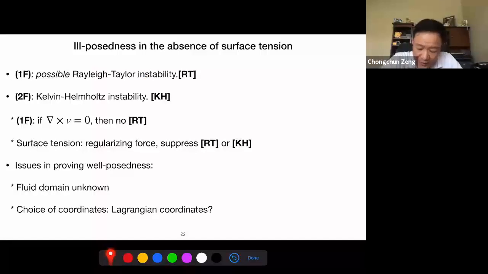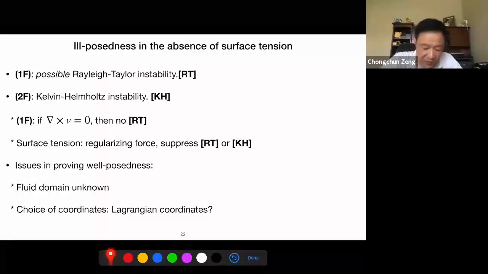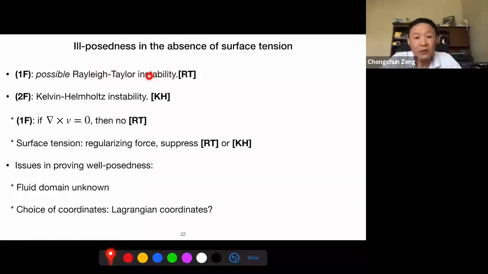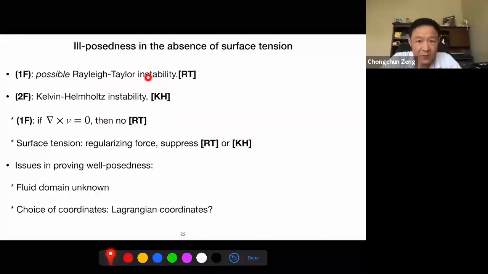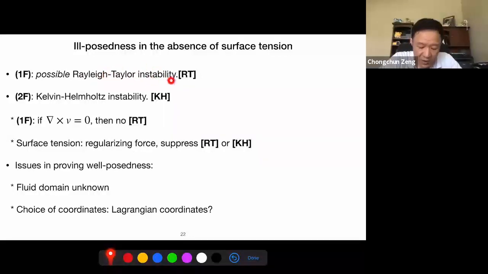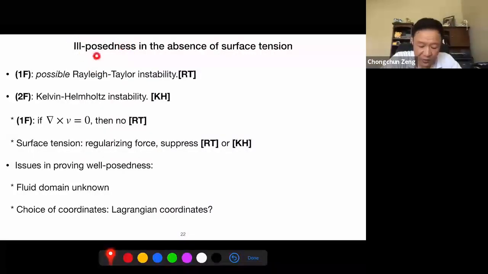Then when there is no surface tension, in the one fluid case, when the gradient of the pressure on the boundary has a wrong sign, then the Rayleigh-Taylor instability occurs for all high frequencies, for high wave numbers, with the exponential growth rate proportional to k, which is the wave number. So it creates instability with unbounded exponential growth rate. So the linearized problem becomes ill-posed. So the Rayleigh-Taylor instability can cause the ill-posedness of the one fluid free boundary problem.